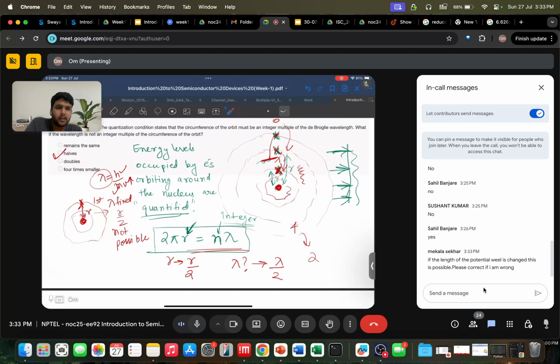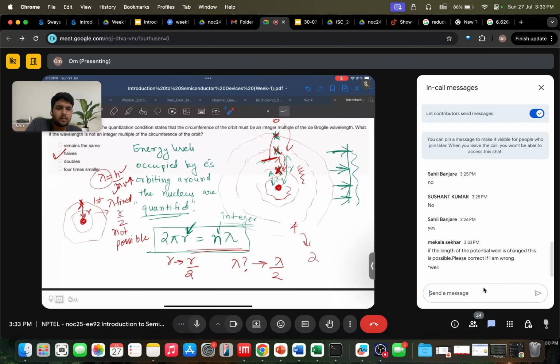If the length of the potential well is changed, this is possible. Potential well is changed. What is possible if the potential well is changed?